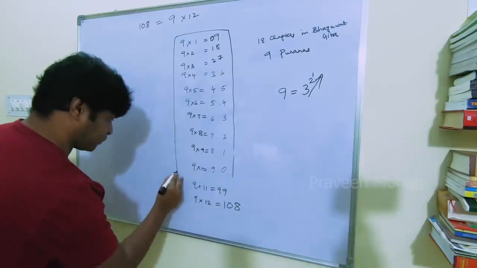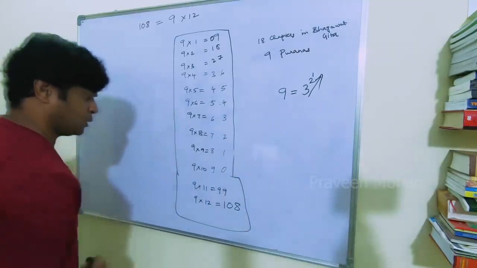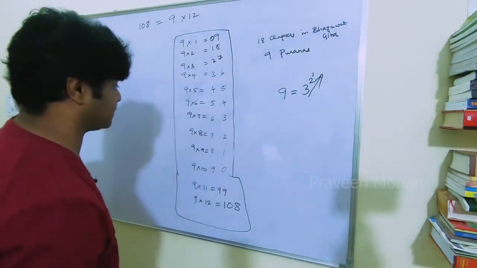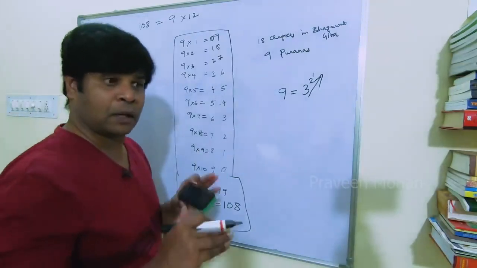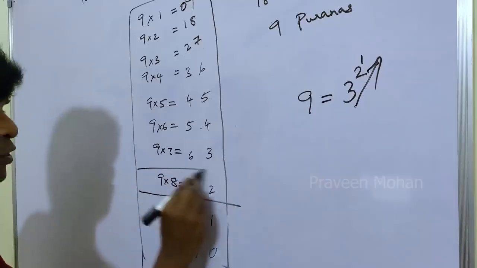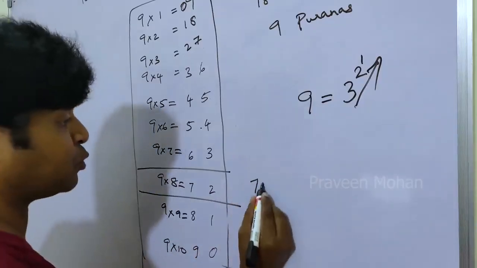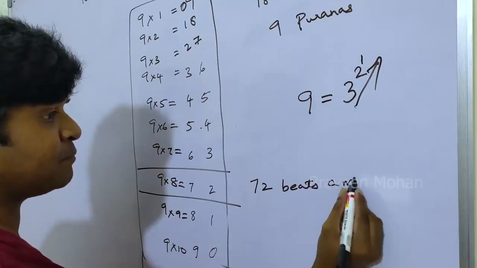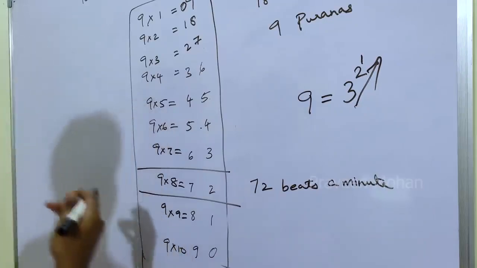Now, the human heart is based on these numbers. If you're a healthy adult, your heart would beat 72 beats a minute. Your heart actually follows this pattern.